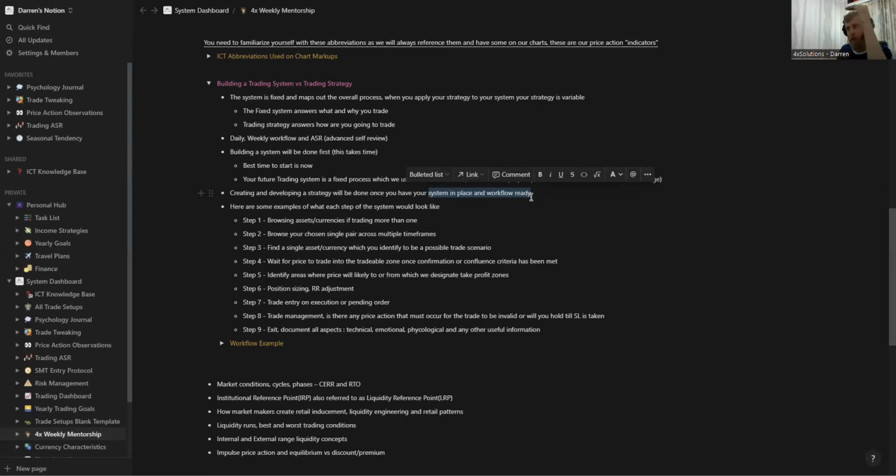But if your system is in place, you know what to do. You apply your strategy to your system, and the trade doesn't work out. At least you know for a fact that you went through all the steps of your system, your strategy was applied, and the trade didn't work out. Well, then that's fine. It didn't work out that time.